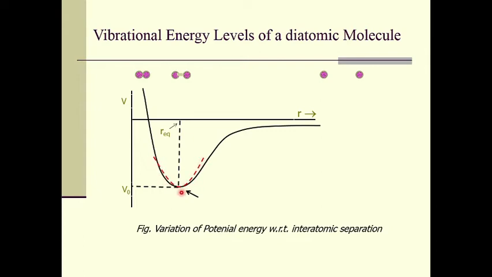So we are approximating our diatomic molecule to this small region, and saying that the potential energy follows a parabolic path within that short region.